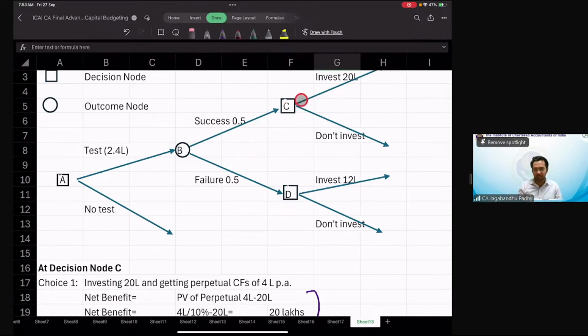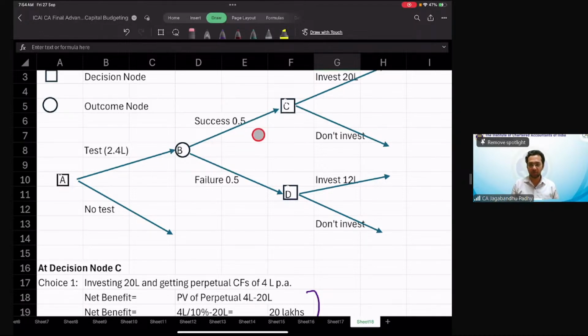So first we take a decision over here that we are going to invest, sitting at node C, you're going to say whether to invest 20 lakh or not. Of course, your answer is going to be, I will invest 20 lakh because that gives me a net benefit. Now we will go back to B and then go back to A. Is it clear, Karthik?